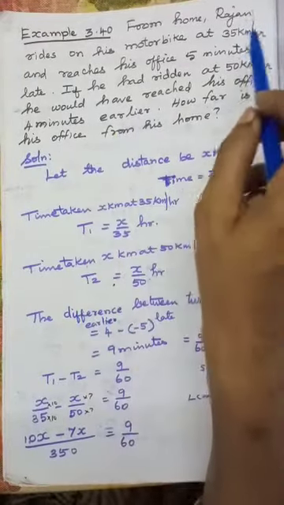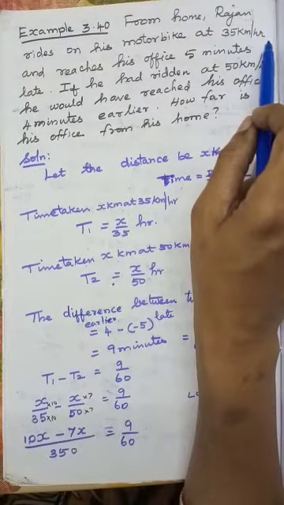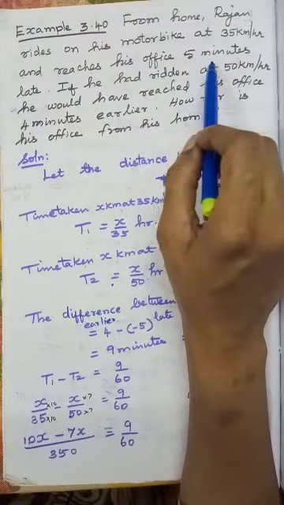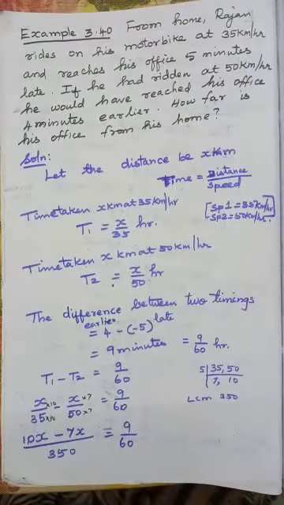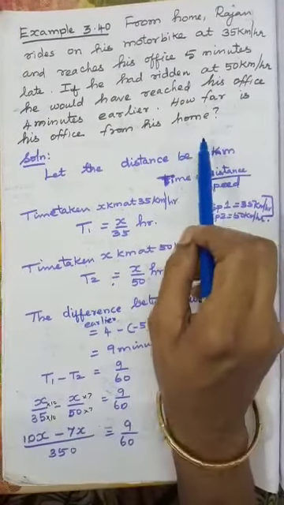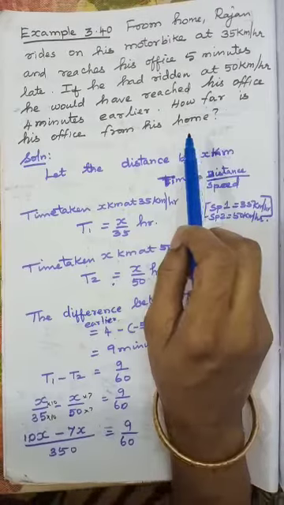But he is riding at 35 kilometer per hour speed. So he is late by 5 minutes. Now we have to find the distance between his home and office. Okay.